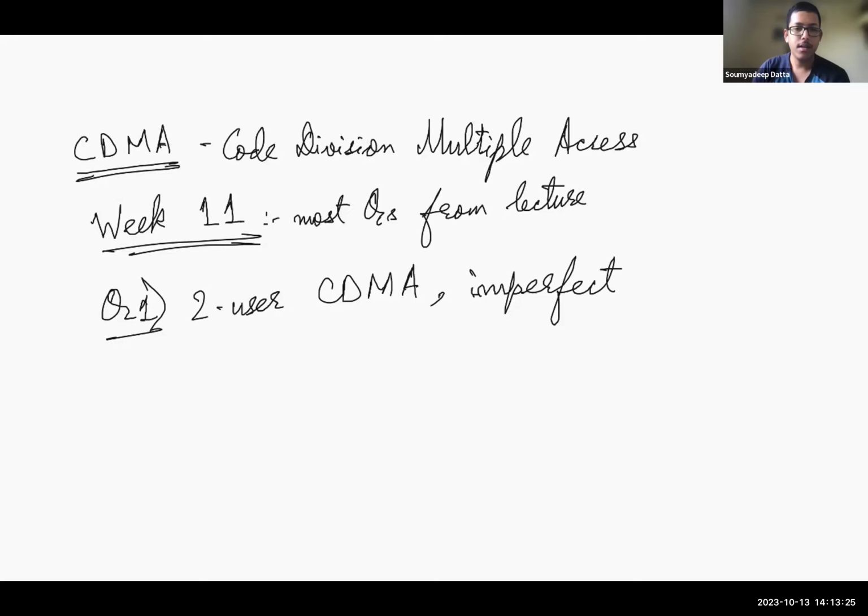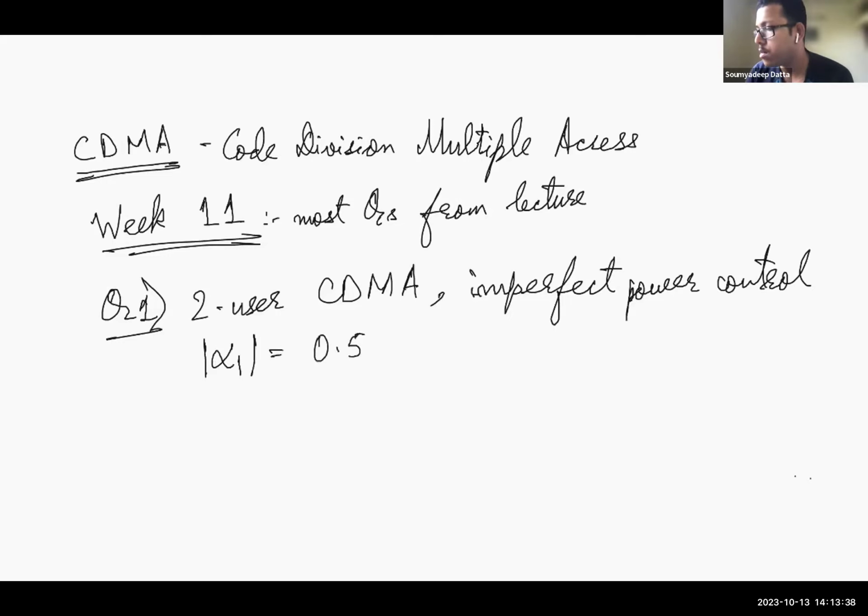You are provided the channel coefficients for the users. For the first user, the channel coefficient is, let's say, 0.5, and for the second user, let's say it is 2.5.